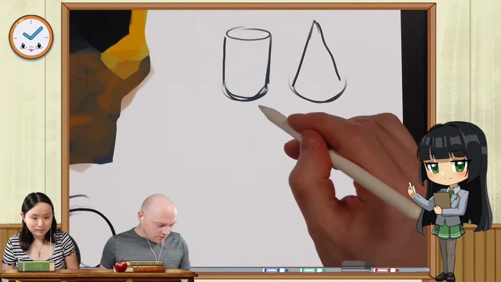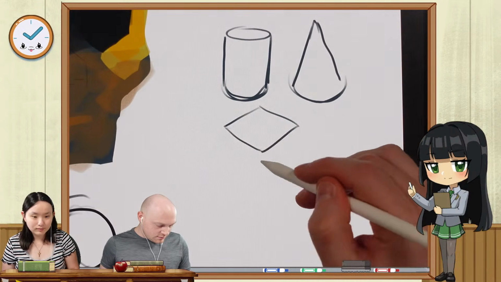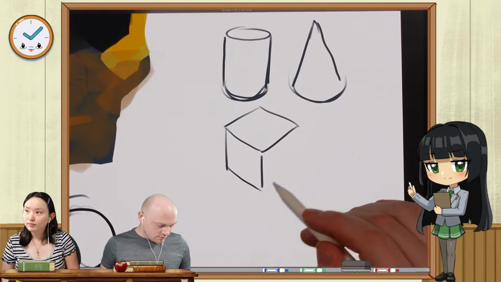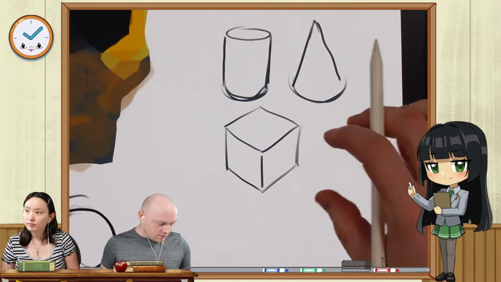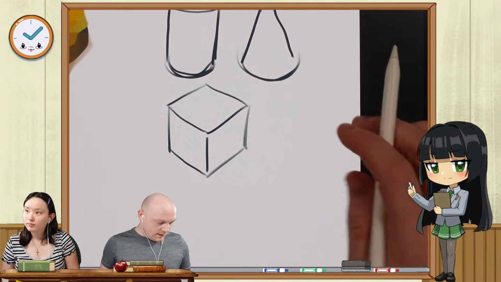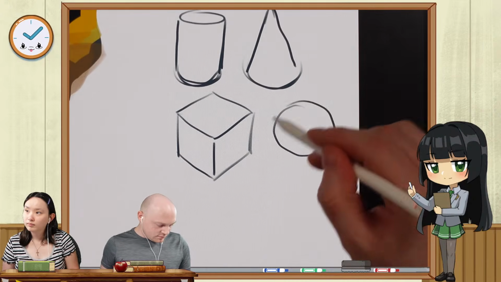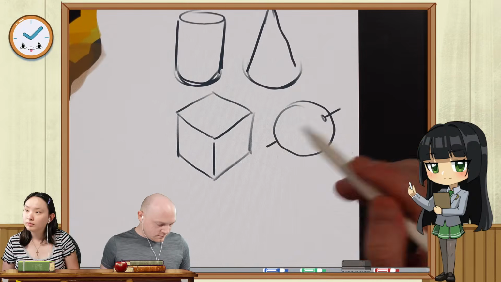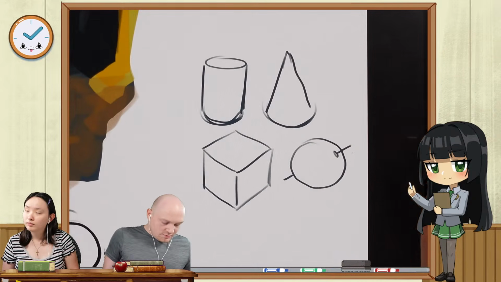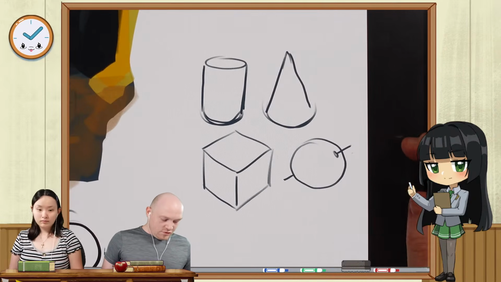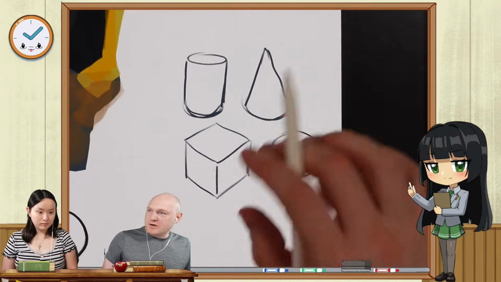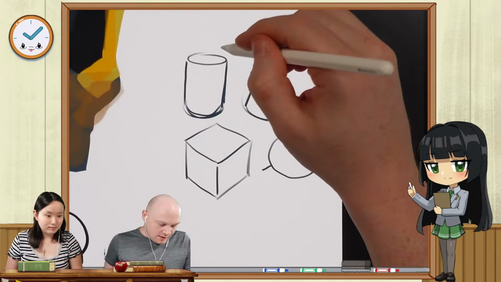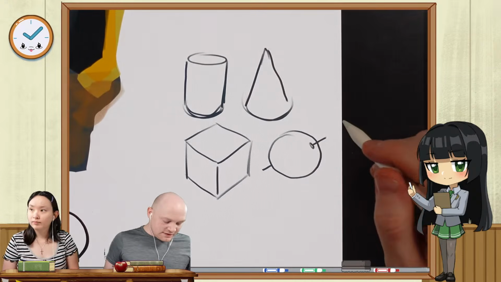Learn how to render a box. Learn how to render spheres. Those are mostly your basics. It's pretty much just those four forms that you're working with a lot of the time, and a cone is just a derivative of a cylinder.